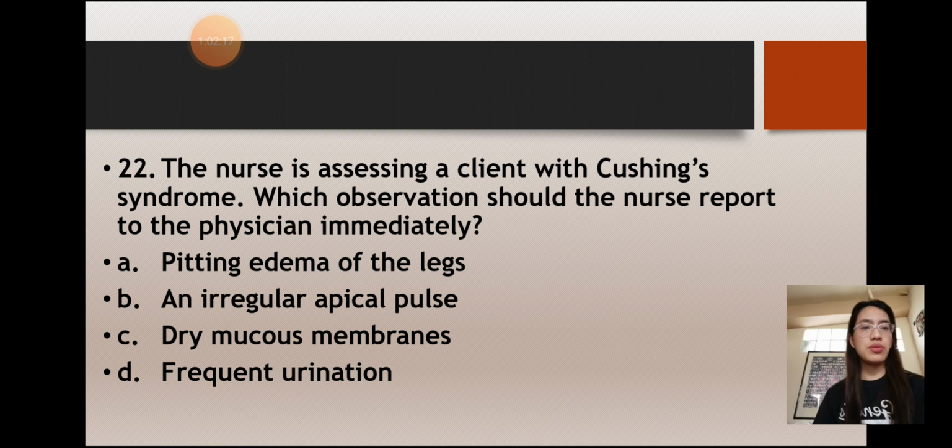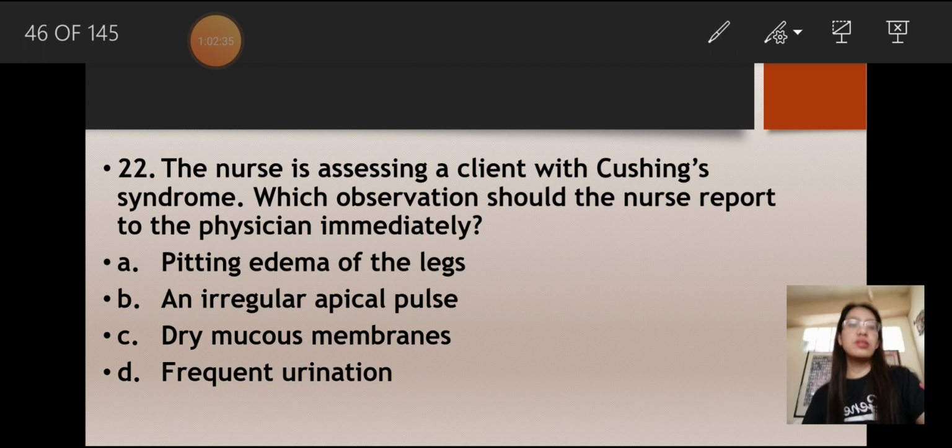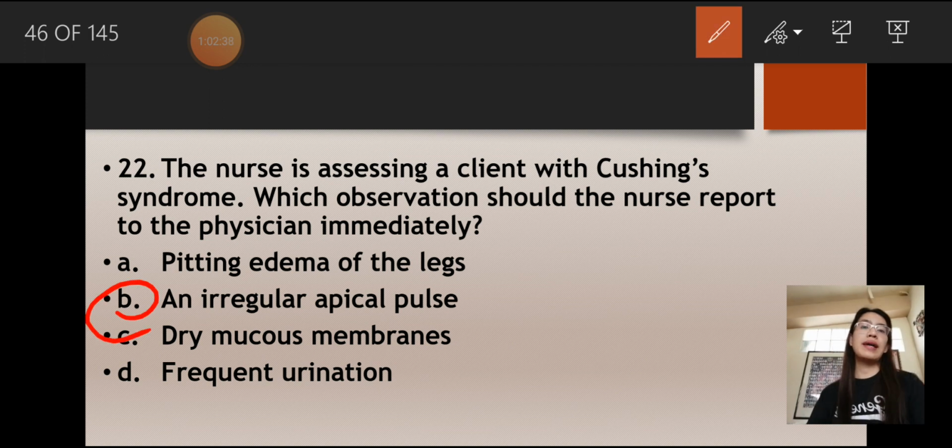Pwedeng yan, diabetes mellitus o kaya naman diabetes insipidus kapag ihi ng ihi. So, dahil sa Cushing mababa ang potassium, you always need to remember the heart, contraction ng heart, right? So, maaring magkaroon ng irregular apical pulse because they suffer from hypokalemia. Meron silang hypokalemia.